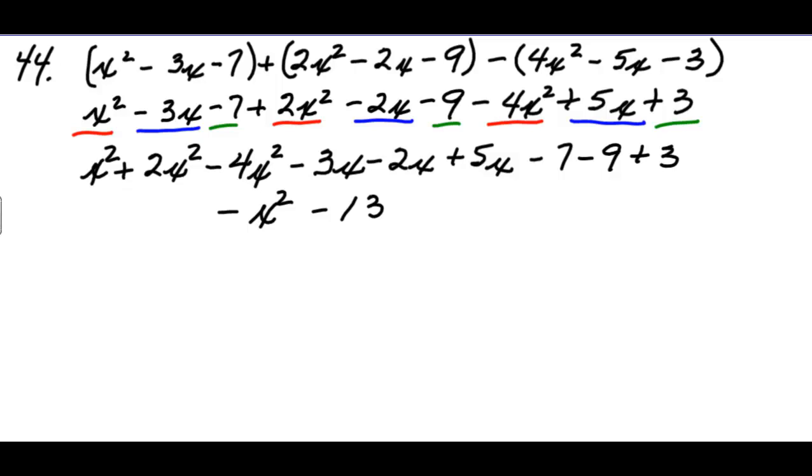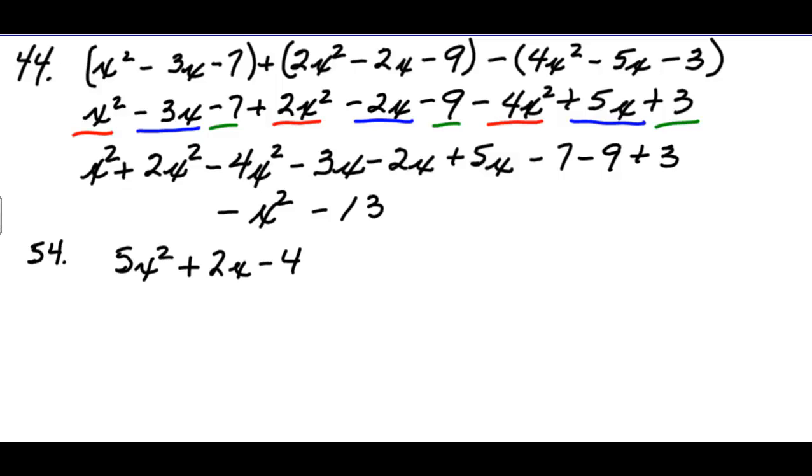Now let's take a look at number 54. It says in 54, what you're supposed to do is add these using the vertical method. So, in using the vertical method, we're going to set it up vertically like this. 5x squared plus 2x minus 4.